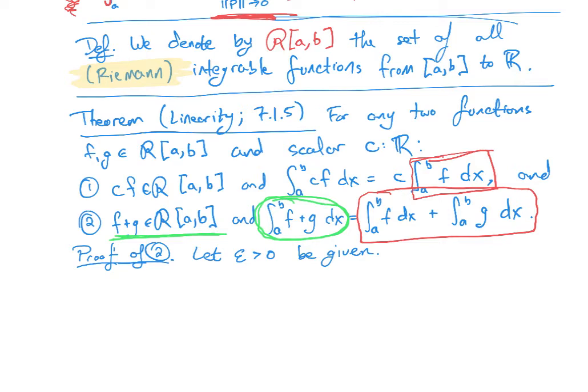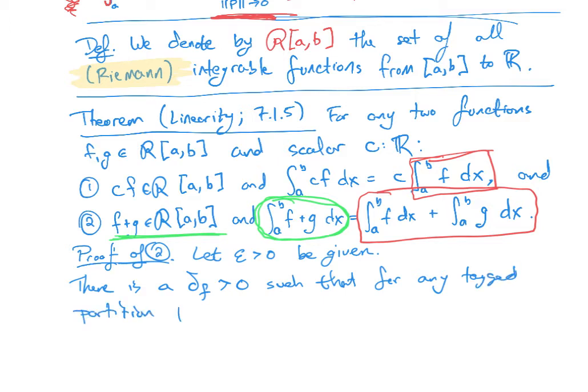So let's start with F. It has a delta, delta sub F is how I'll denote it, such that for any tagged partition P dot with norm less than delta sub F, what do we have?